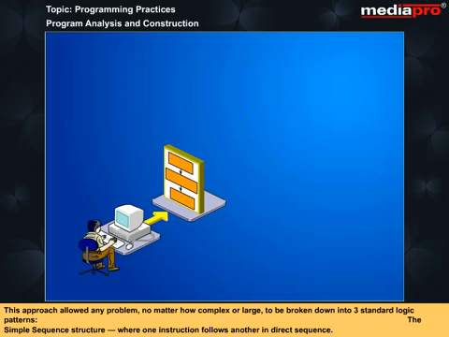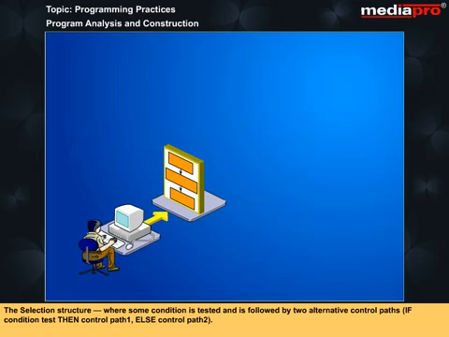The simple sequence structure, where one instruction follows another in direct sequence. The selection structure, where some condition is tested and is followed by two alternative control paths. If condition test, then control path 1, else control path 2.